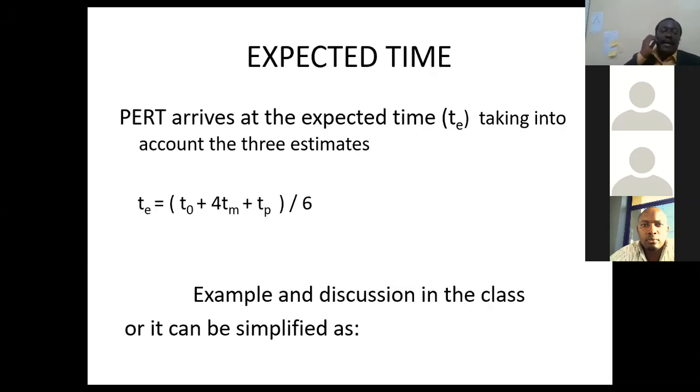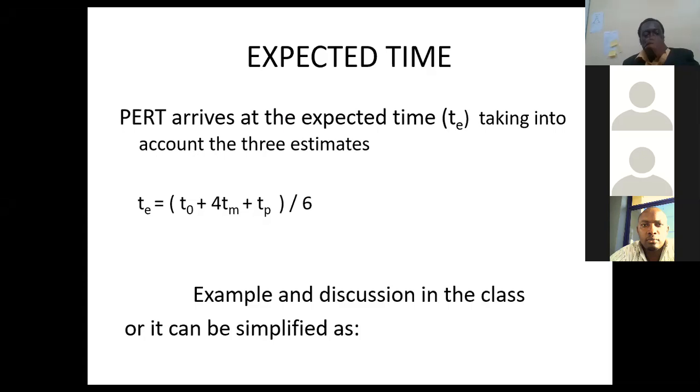So PERT arrives at the expected time, which is given by TE, taking into account the three estimates. You have the TO, the favorable one, plus 4 TM, the most likely, and plus TP. The whole of this is divided by 6.